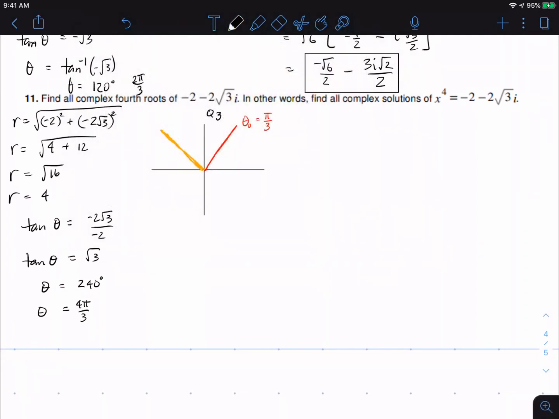So pi over 2 plus pi over 3, and I'll just do the math on the side. I want to show you how to do it. So pi over 3 plus pi over 2, that's going to be 2 pi over 6 plus 3 pi over 6, which is going to give me 5 pi over 6.